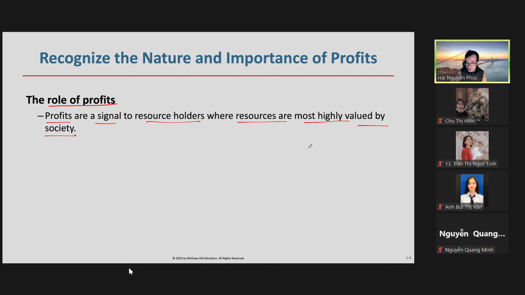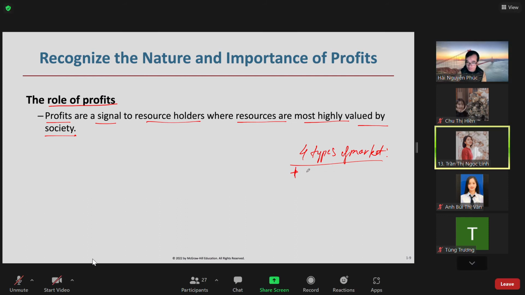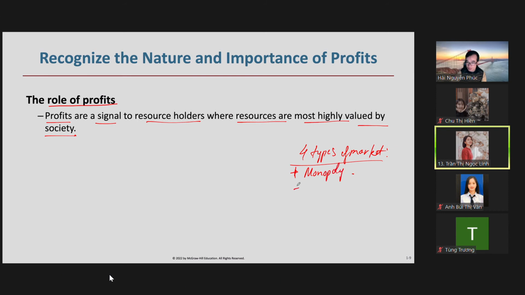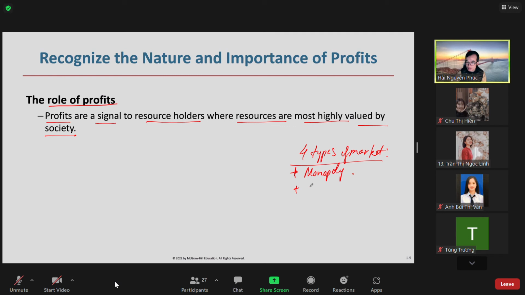In microeconomics, you know that you have 4 types of market. What are the 4 types of market? Remember it? Monopoly. Competitive market. Not very exactly.